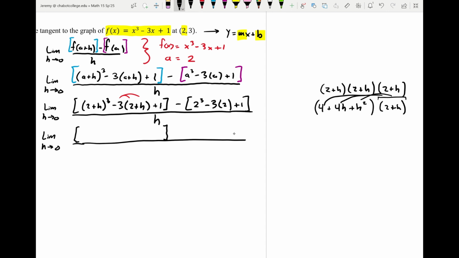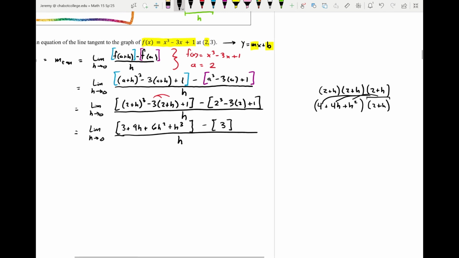When all the dust settles, you should be left with 3 plus 9h plus 6h squared plus h cubed. Okay, and then minus, this simplifies down to 3, right? That's the 2 cubed minus 3 times 2 plus 1. This is all still over h.